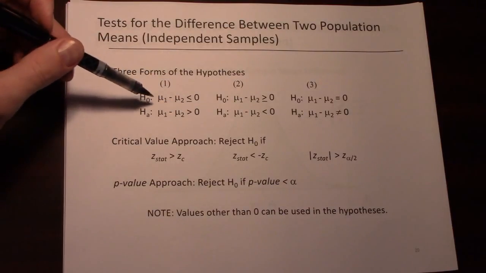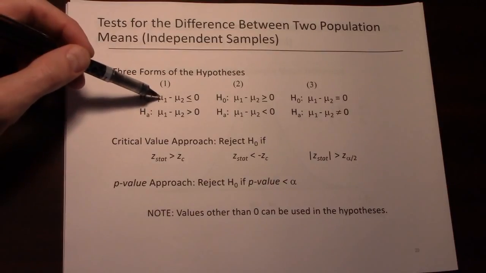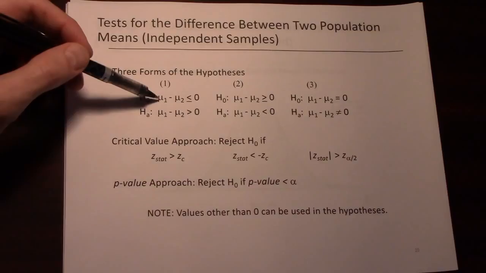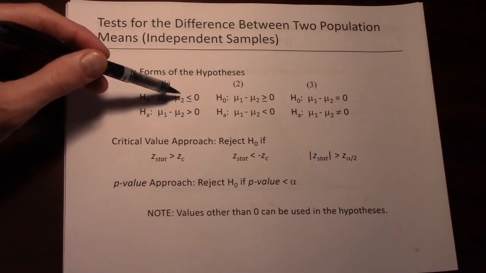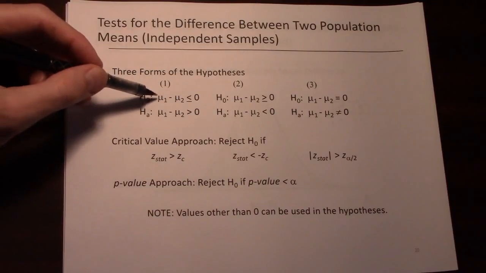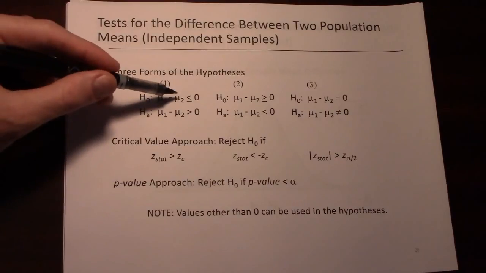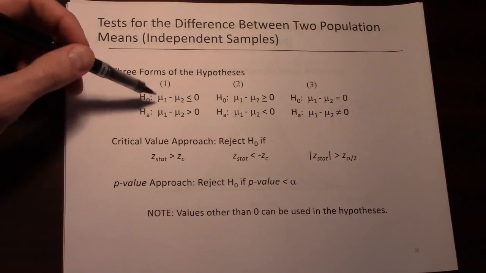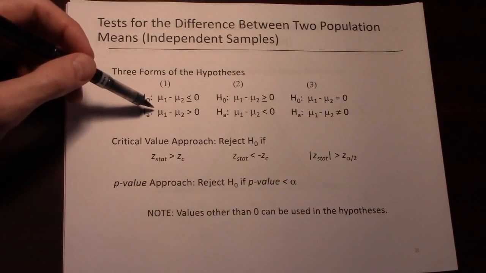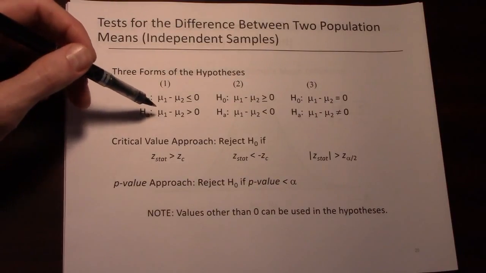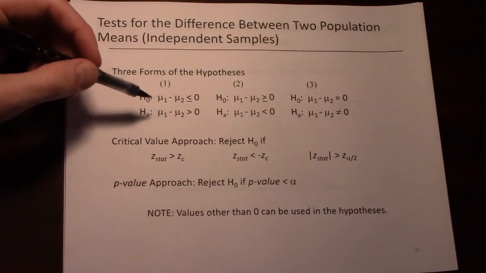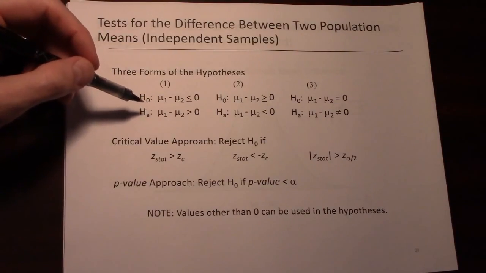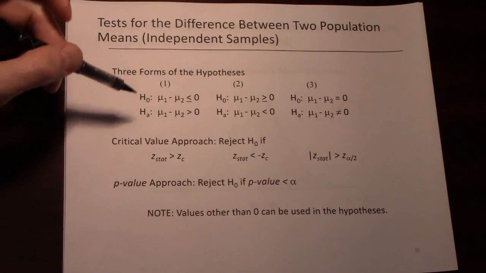We might be saying, hey, this town has a lower income than town 2. All the poor people live in town 1. All the rich people live in town 2. So when you take the average income in town 1 minus average income in town 2, you're going to get a negative number. And then someone comes along and says, wait a minute, no, that's not true. I think it's the other way around. So let's look for evidence and see if we can disprove your null hypothesis.